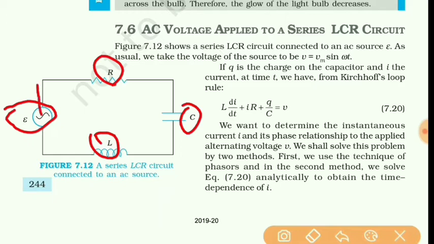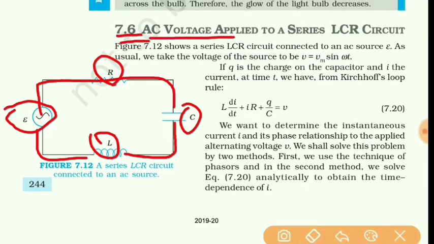You can see that here the resistor, capacitor and inductor are connected in series. So now we are going to study such a circuit. So topic number 7.6, AC voltage applied to a series LCR circuit.